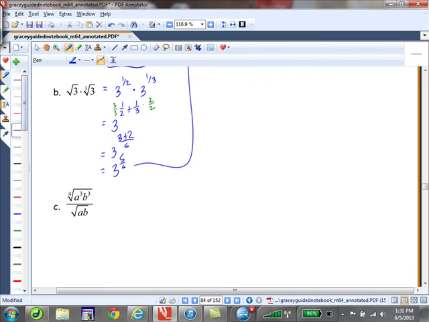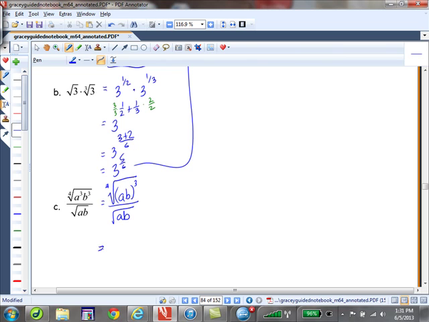Okay, so part C, we have a to the 3/4. Actually, let's do this. We've got, do you see a cubed b cubed is ab cubed, and then that's in a 4th root, and this is the square root of ab.